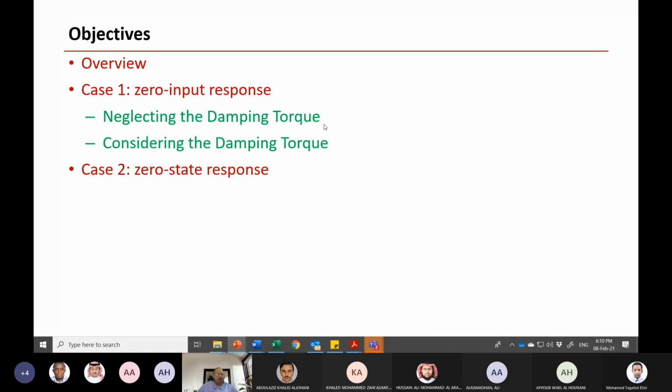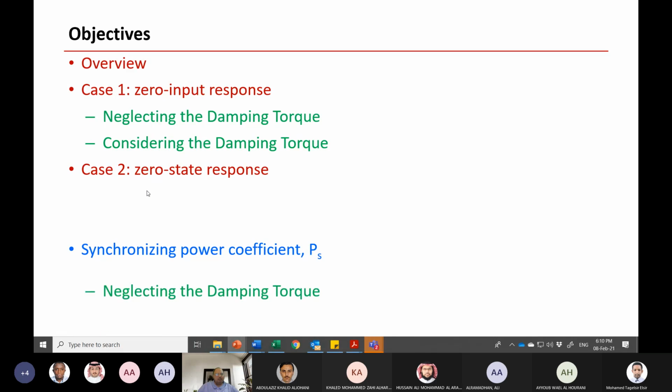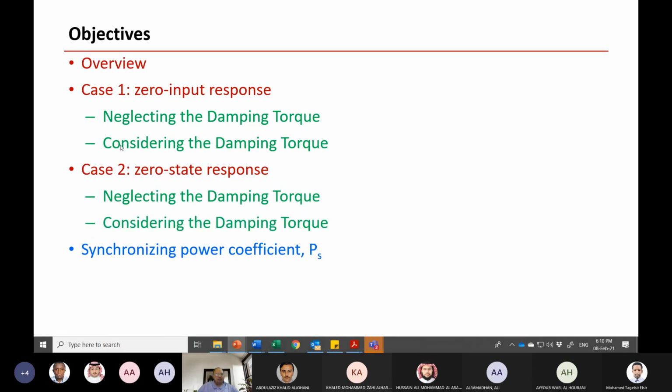Neglecting the damping torque, we will discuss each one under two cases. Zero input response: what is our input in this system? When we say zero input response, what is our input? What do you think?